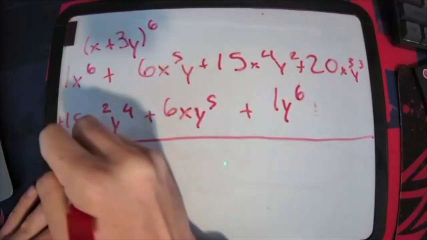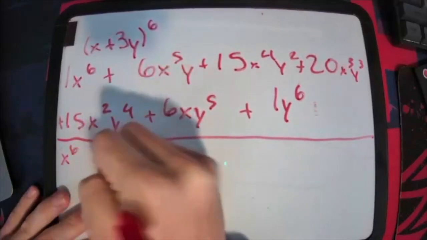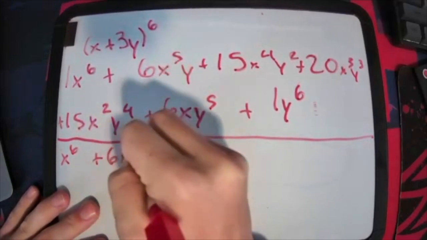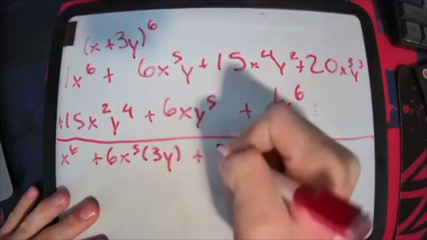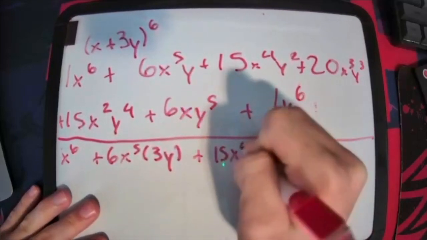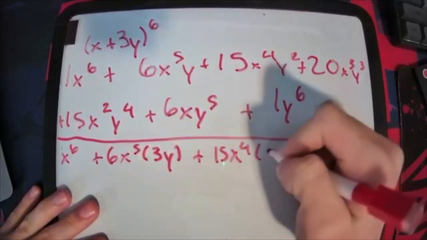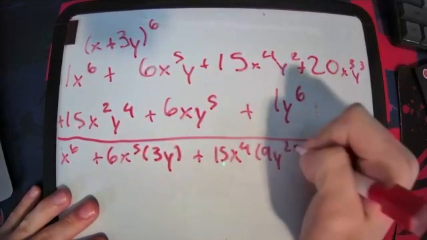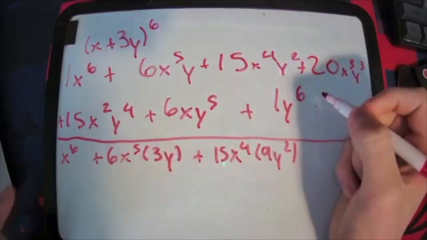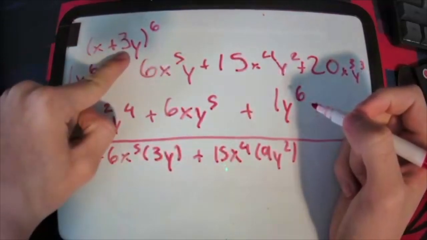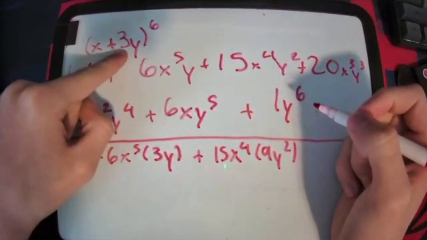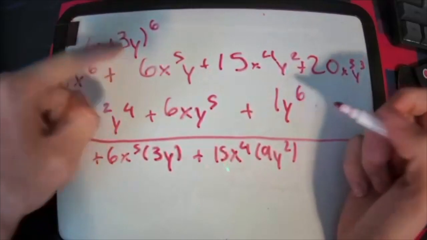So we have x to the 6th plus 6 x to the 5th times 3y plus 15 x to the 4th times 9y squared. All I'm doing is substituting this y for this y in the binomial expression.